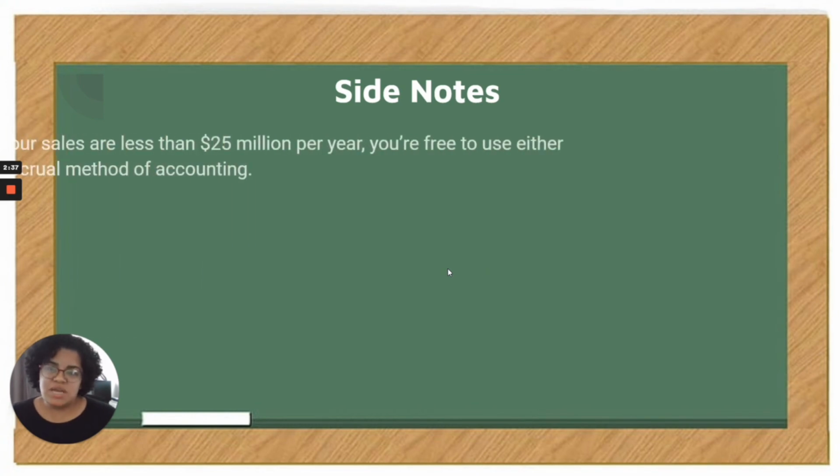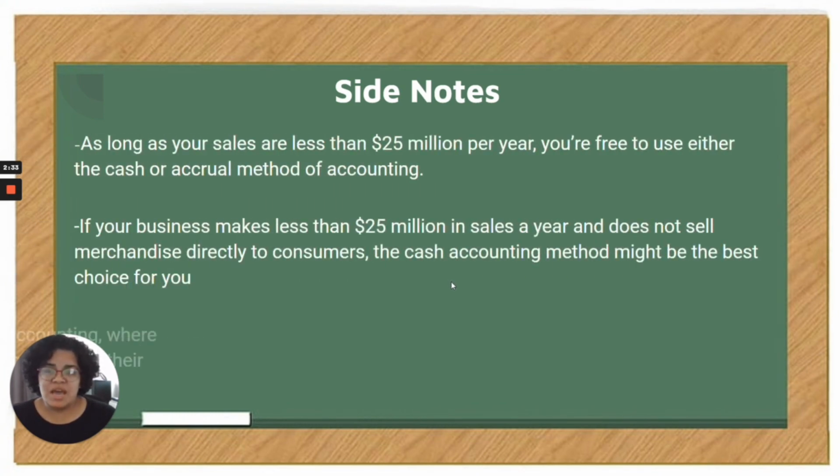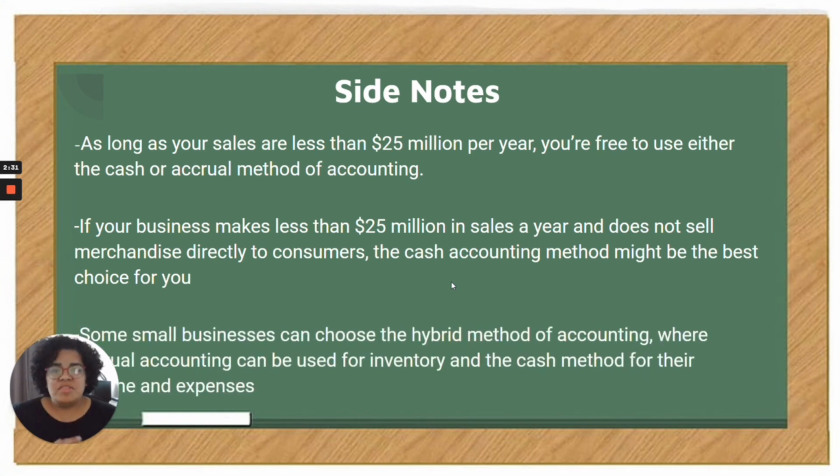Some side notes that I hope that you take from the accrual and cash basis are that, again, if you are making in sales 25 million or less and you do not have any inventory to account for, then the cash method could be a good option for you.